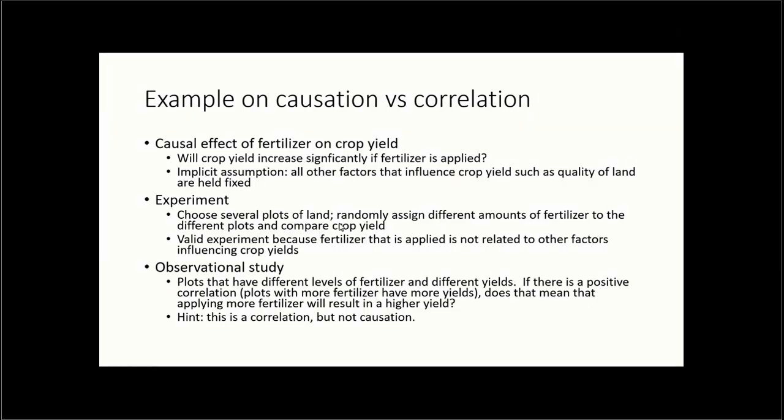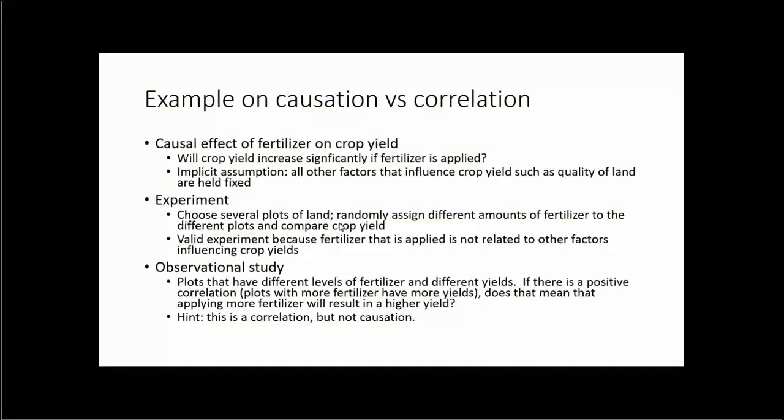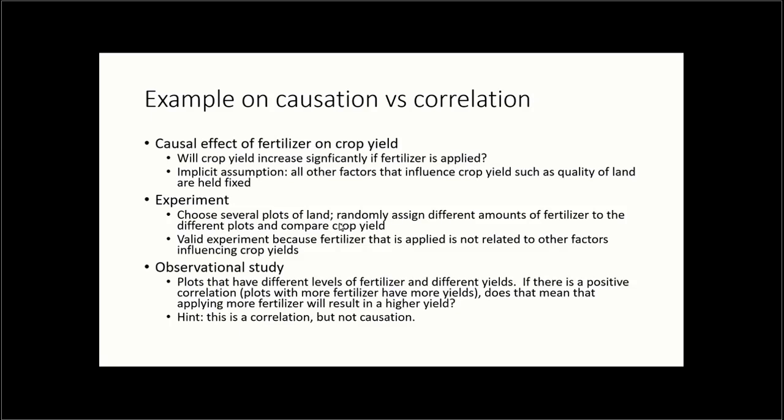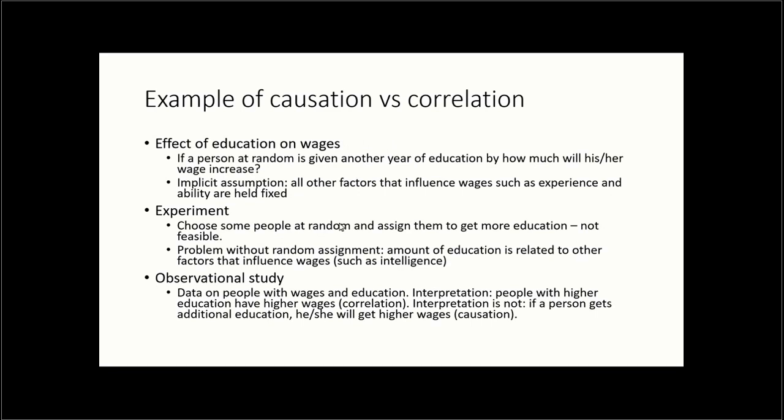And the answer is no, because that's a correlation, not a causation. It could be that other factors affected the crop yield as well. Maybe more fertilizer was applied to land that already had higher productivity and richer soil, and that's what caused the higher yields, not necessarily the application of the fertilizer. So we just have a correlation if we look at an observational study, not causation.